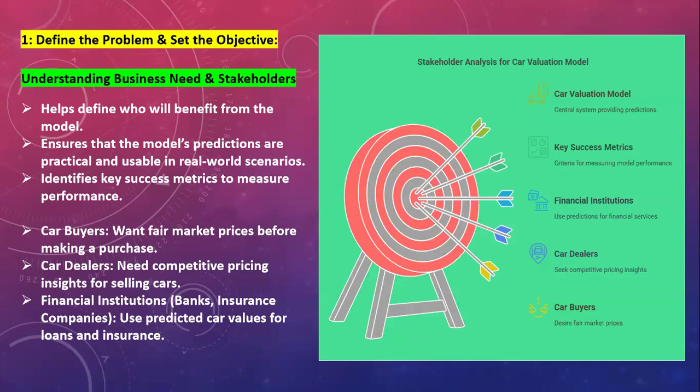Car dealers will also benefit by offering competitive prices for the cars they sell. And other institutions like banks and insurance companies will also predict these car values when giving loans and insurance for those cars. So this is the definition of the problem, and we also need to set some objectives before developing the model.